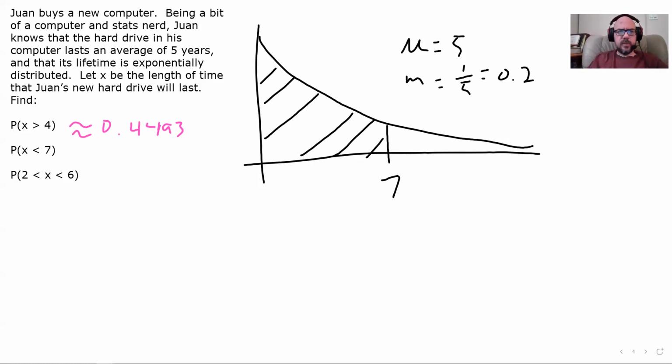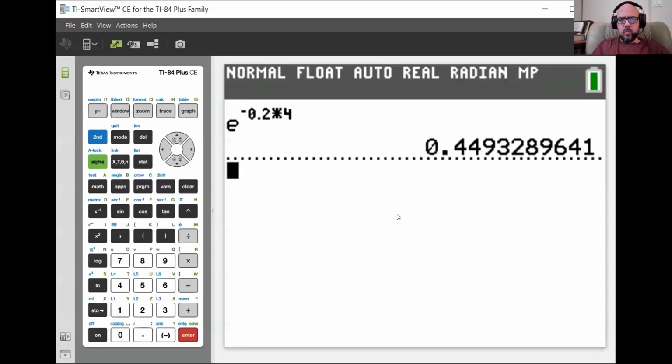So let's go jam that in the calculator. It's 1 minus, calculator. Hello. It's not letting me use my number pad. This is weird. Okay, that was really strange. What the heck?